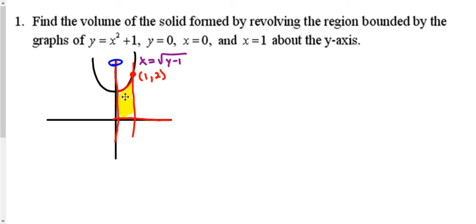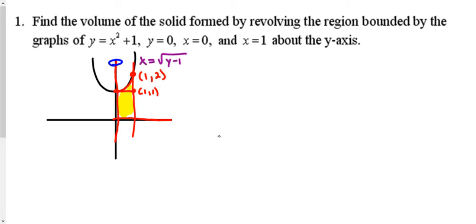But I'm noticing something here: from 0 to here, we're flush to the axis of revolution, and then we're not. So I also have to figure out what this point right here is. This point right here would be the y-intercept of this. So this is going to be 1. So from 0 to 1, we're flush to the axis of revolution, and then from 1 to 2, we're not.